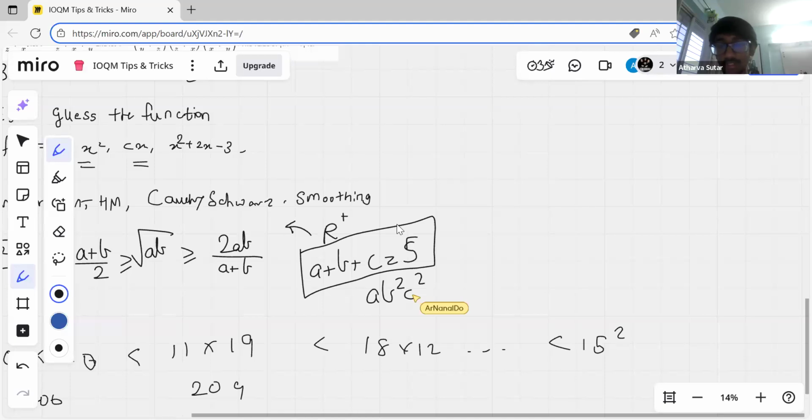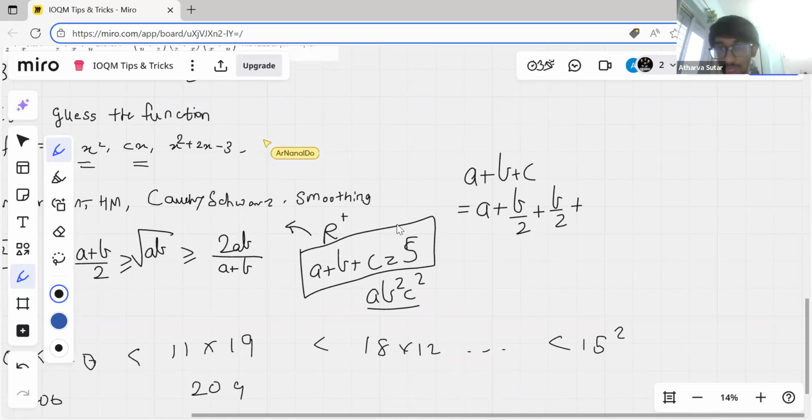But you want to split a, b, and c in a way so that on the RHS you will get a, b square, and c square. So what you will do is take a plus b plus c equal to a plus b by 2 plus b by 2 plus c by 2 plus c by 2. This kind of substitution will give you nice results, the results that you want.